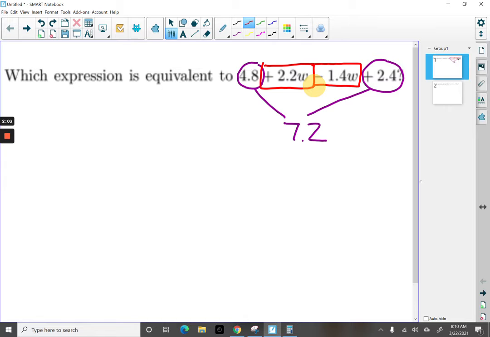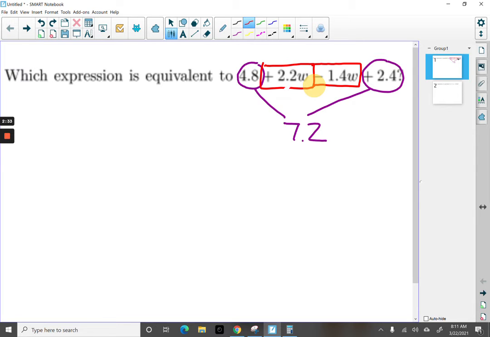Now, one thing that I need to make sure we pay very close attention to is the coefficients here. A coefficient is the number that is in front of the variable. In this case, we have a 2.2. And even though when we read this problem, we treat this like a minus 1.4, we can also treat that like a negative as well.